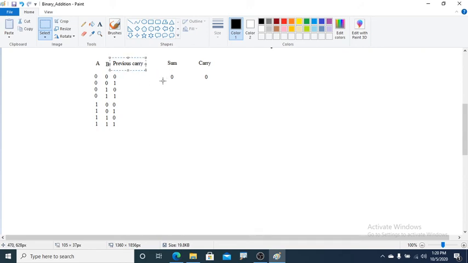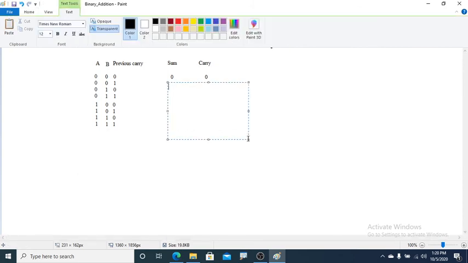Okay, now I will write sum and carry. So sum is 1, 0 plus 0 plus 1 is 1. Very easy, right? Again 1 plus 0 plus 1, sum is 0. 1 plus 1 is 1 0, right? Carry is 1 and sum is 0.